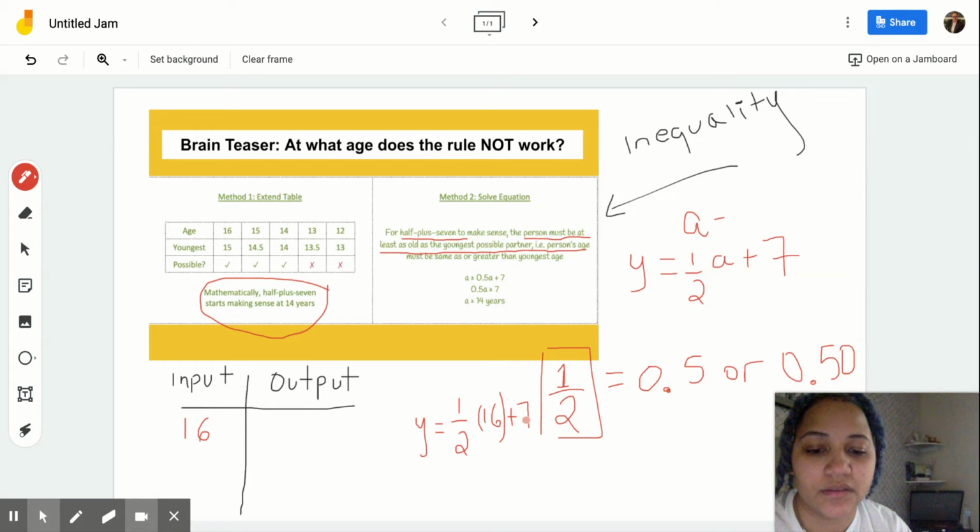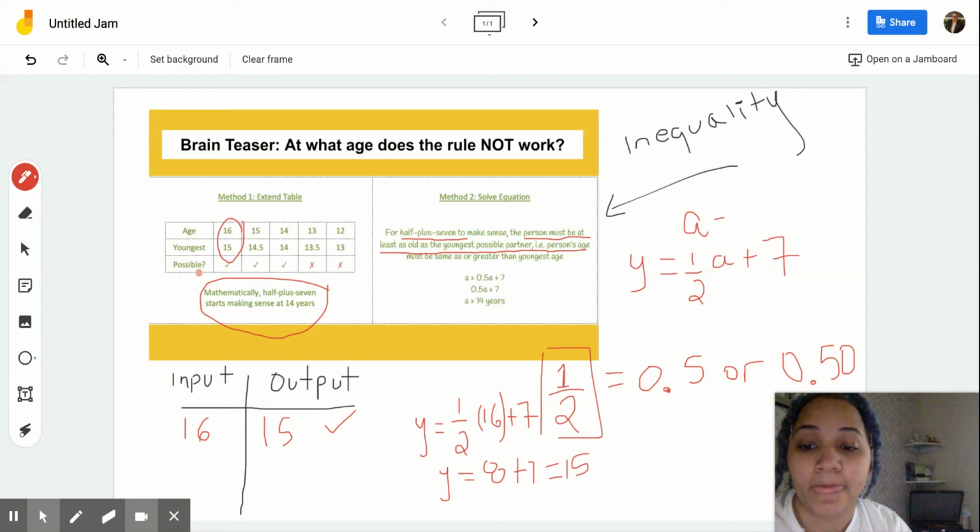Half of 16 is 8, so y equals 8 plus 7, which equals 15. So my output was 15. That actually works, which is why we have a check mark.